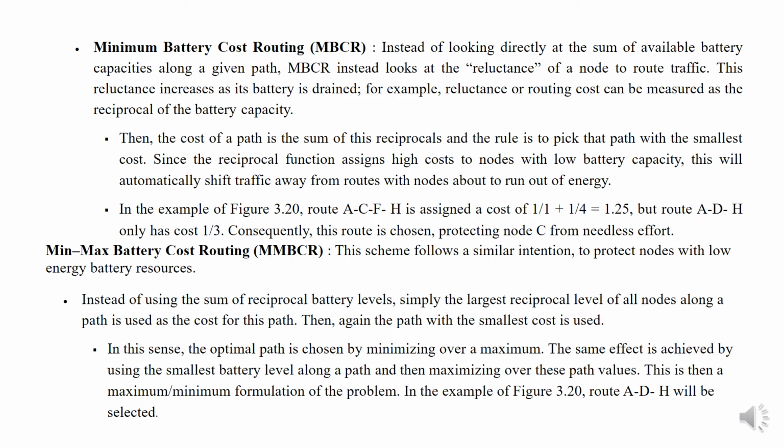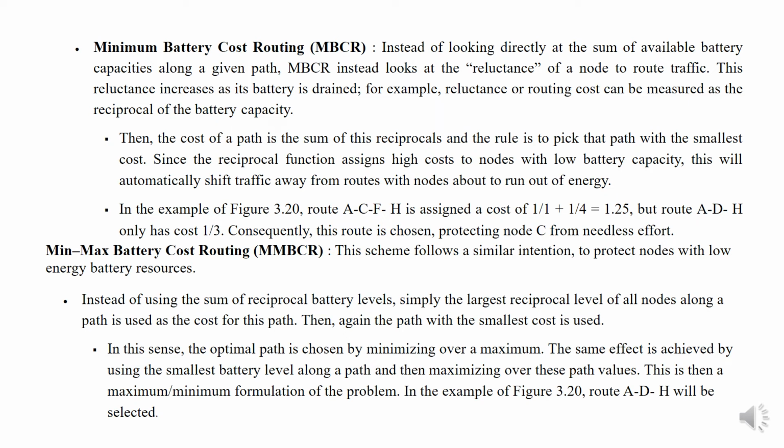Min-max battery cost routing (MMBCR). The scheme follows a similar intention: protect nodes with low battery resources. Instead of using the sum of reciprocal battery levels, simply the largest reciprocal level of all nodes along a path is used as the cost for this path. Then again the path with the smallest cost is used.